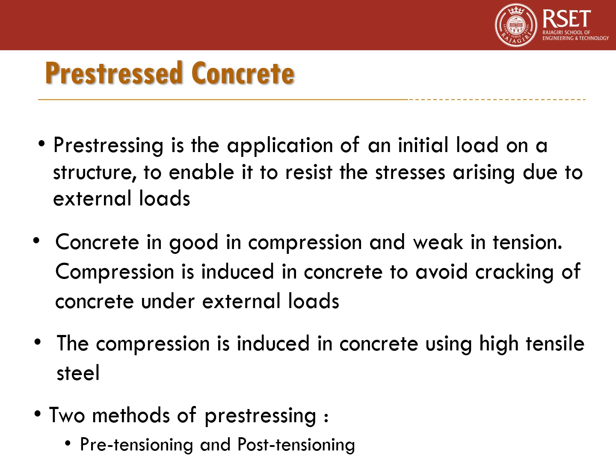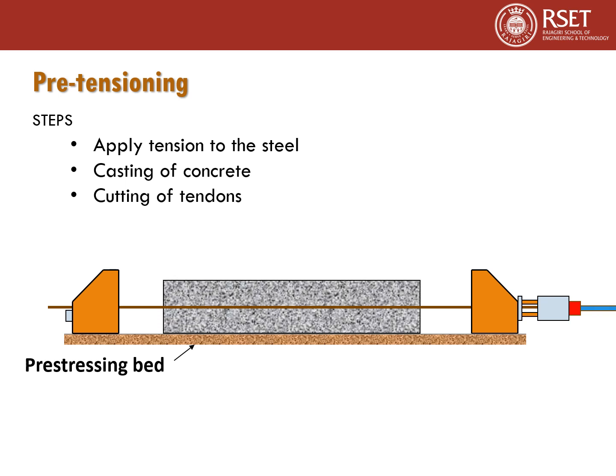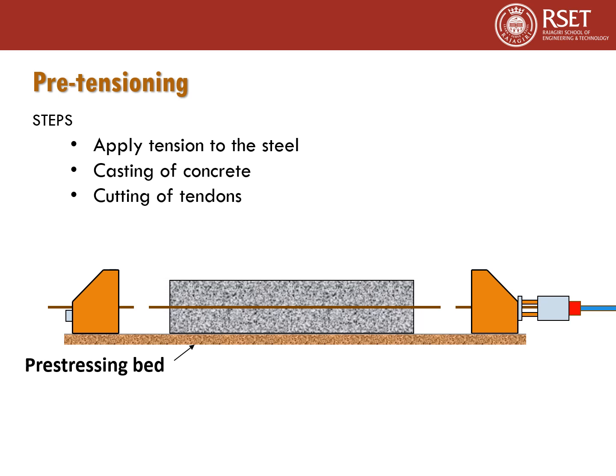Now there are two methods of pre-stressing. One is pre-tensioning and the other is post-tensioning. In pre-tensioning, first the steel bar is tensioned using jacks. Then the casting of concrete is done. Then finally the bars are cut and slowly the pre-tension gets transferred to the concrete by pre-compression.